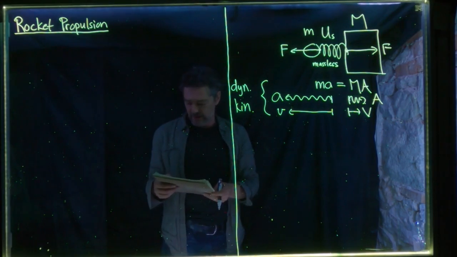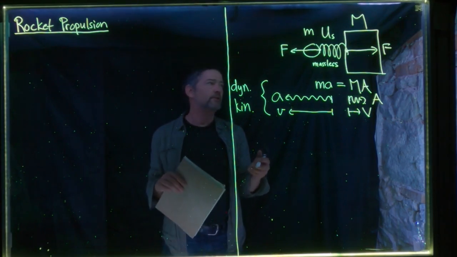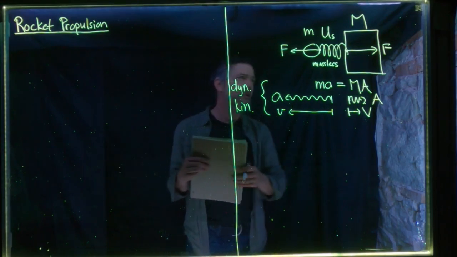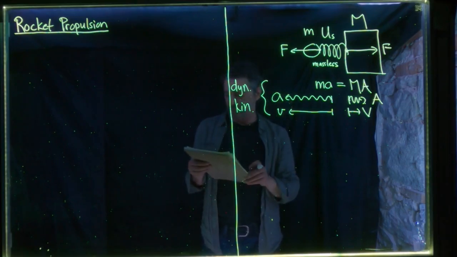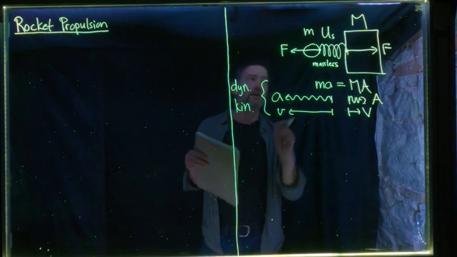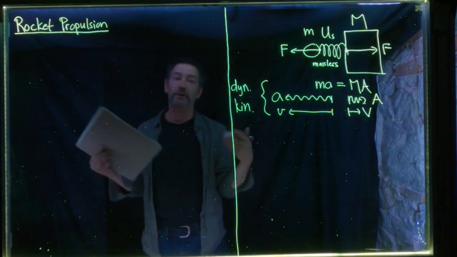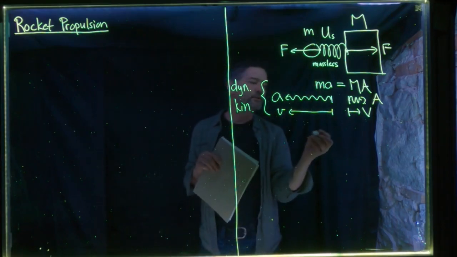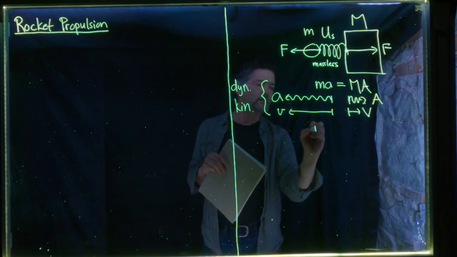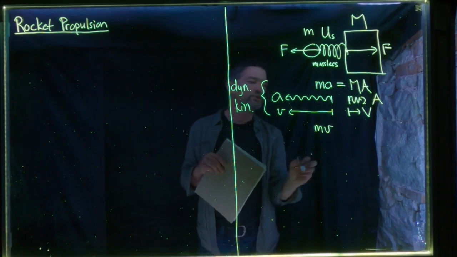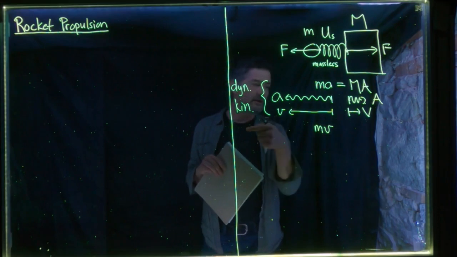Now we can think about this in terms of momentum. The momentum of the cannonball to the left, with the Newtonian definition of momentum as mass times velocity, will be a small mass times a large velocity to the left.